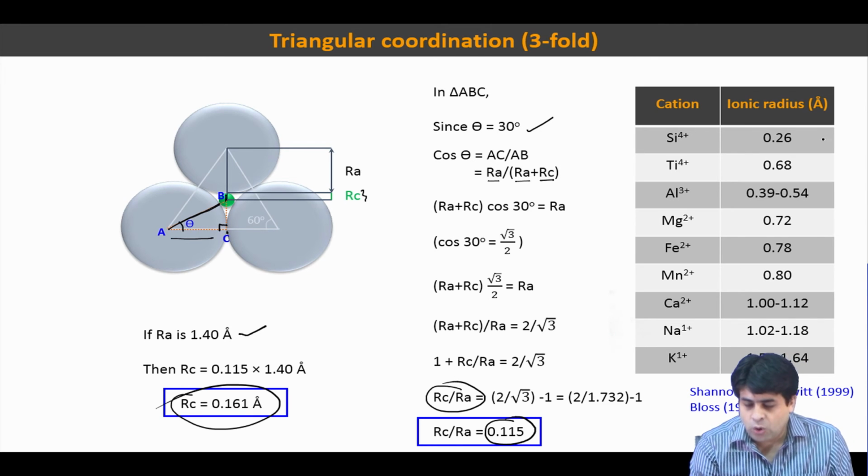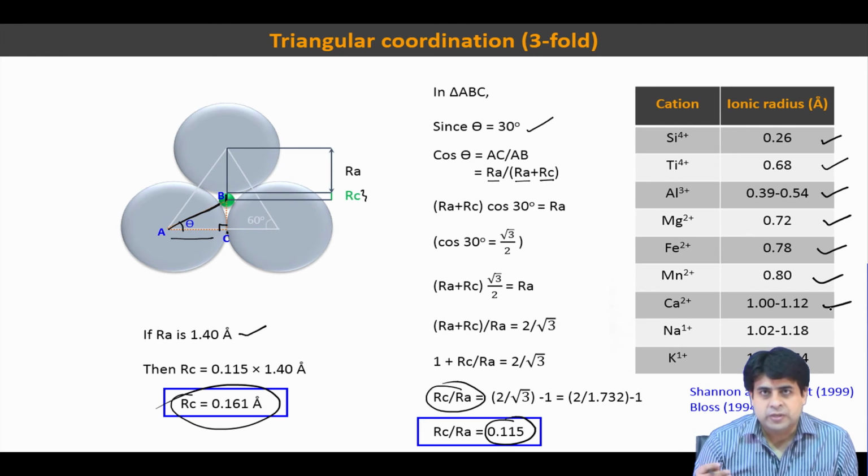But if you look at all the major cations present in the earth's crust and mantle, all these values are relatively larger. So, you do not have any major cation in the crust and mantle which has a radius of 0.16 angstrom.